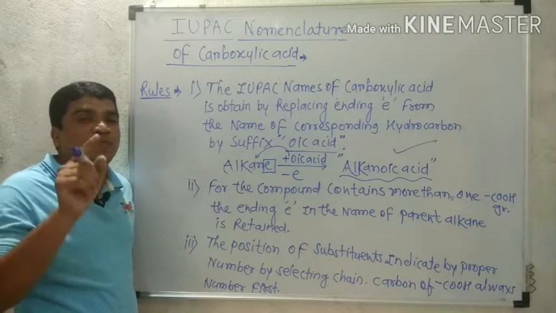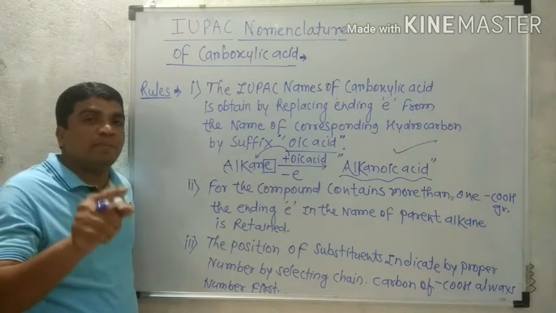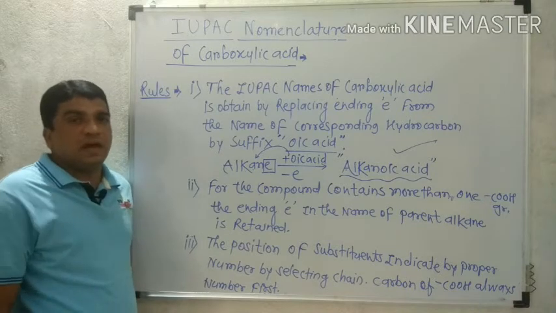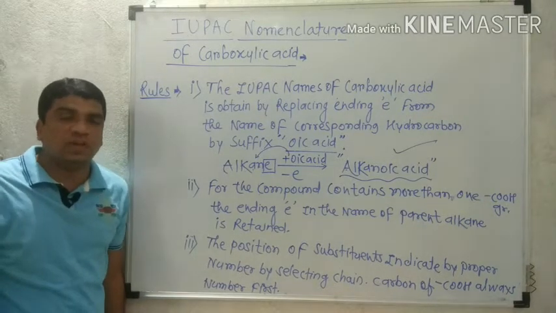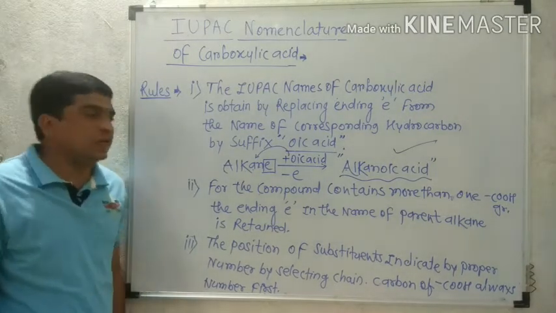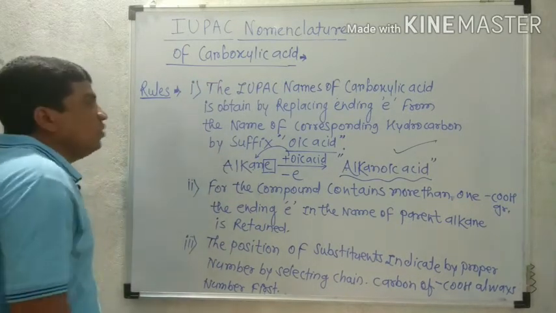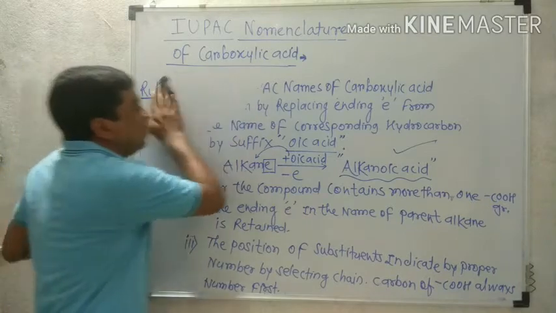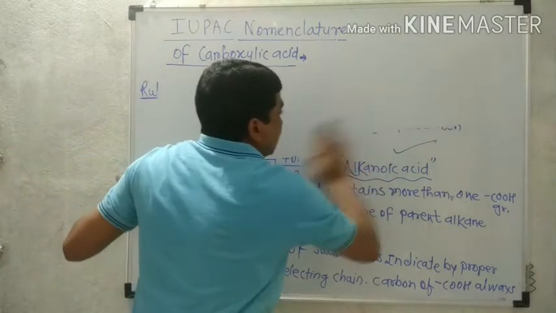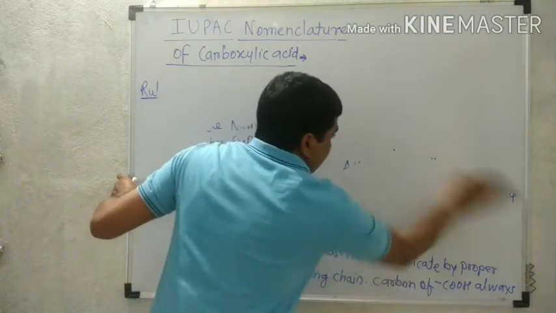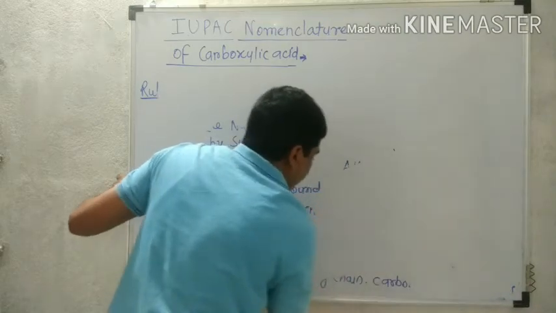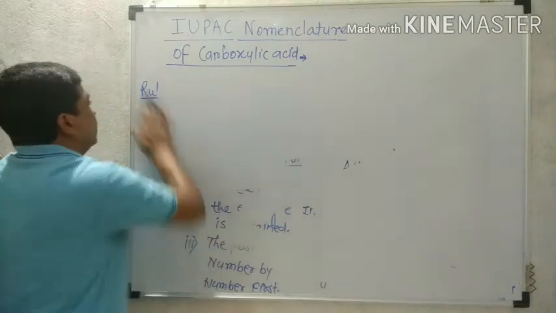The carbonyl carbon of COOH is always numbered first. It means always give preference to the carbonyl carbon of COOH. These are some rules to assign the IUPAC name of carboxylic acid, but we are going to discuss all these rules in the examples.